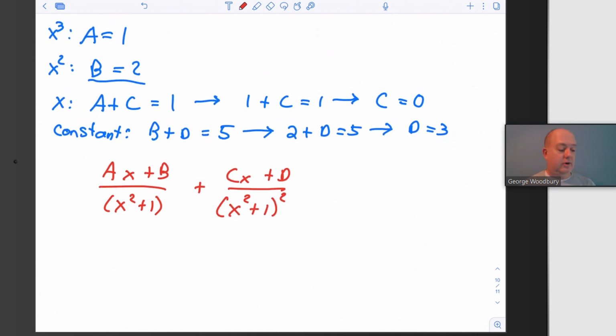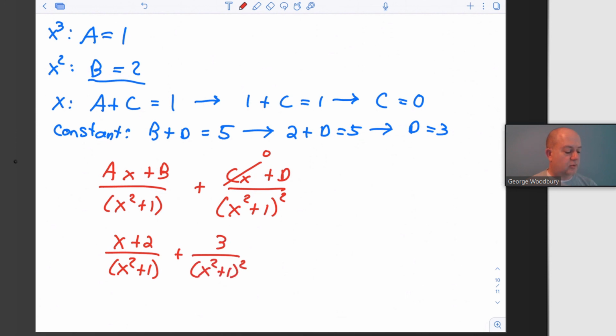And now bring in those values. So 1x plus 2, we can just write that as x plus 2 plus c was 0, so that term disappears, and we're left with 3 over x squared plus 1 squared.